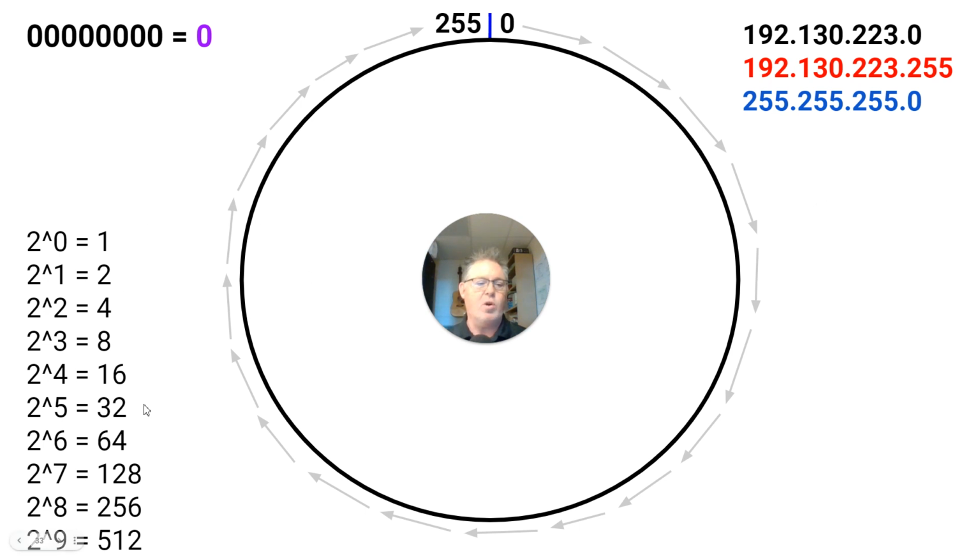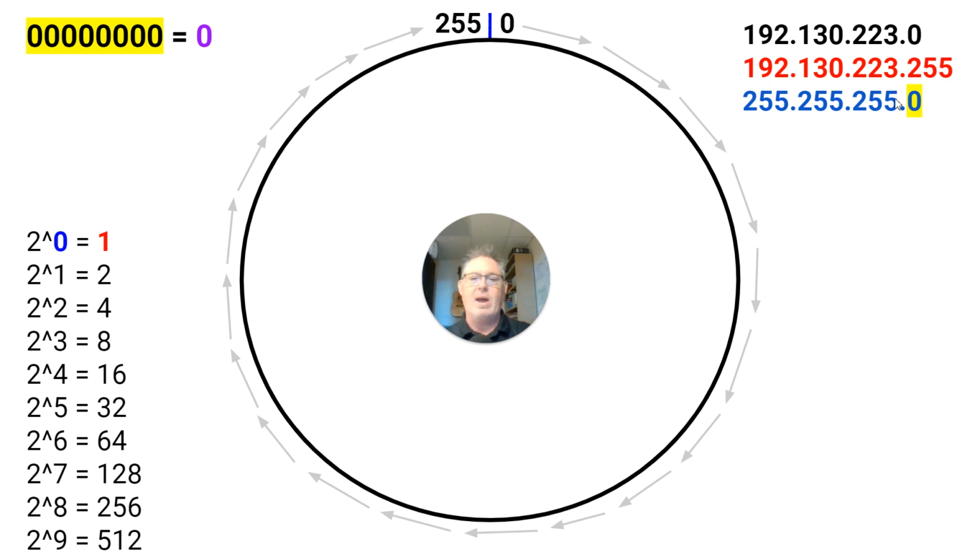Here's our Power 2 chart. We'll be referencing it along the way. And what we have right now is 8 zeros in binary in the subnet mask. So what that means is we have not borrowed any bits at all. We have a full 8 binary bits as zeros in the subnet mask.